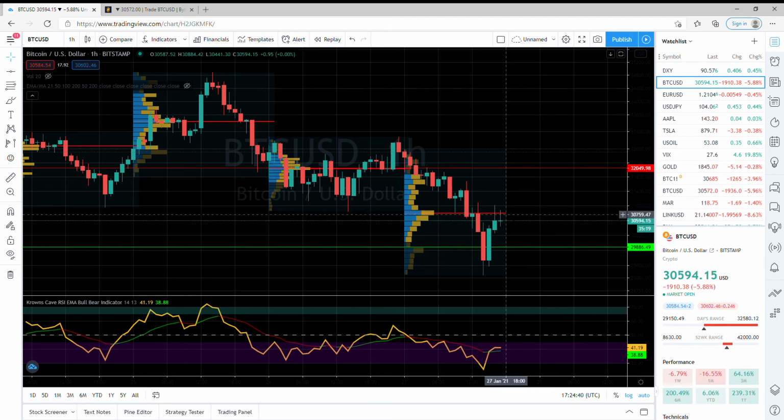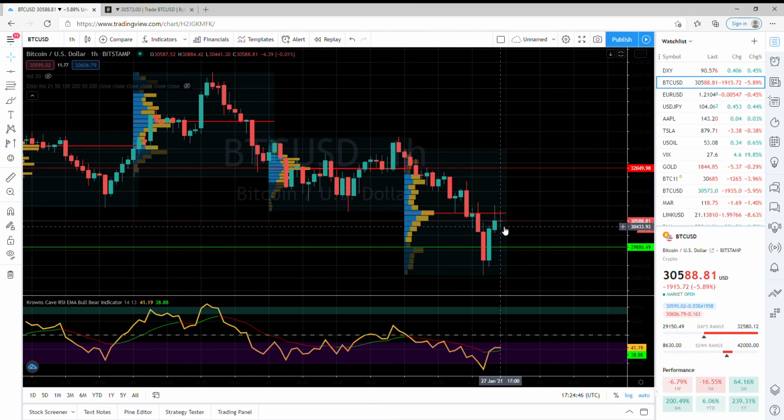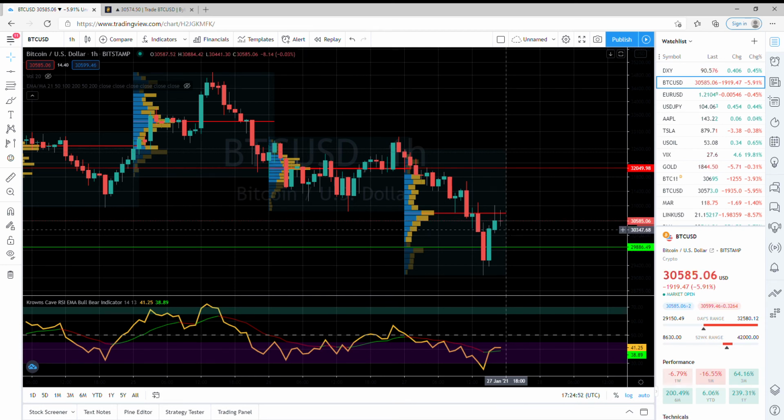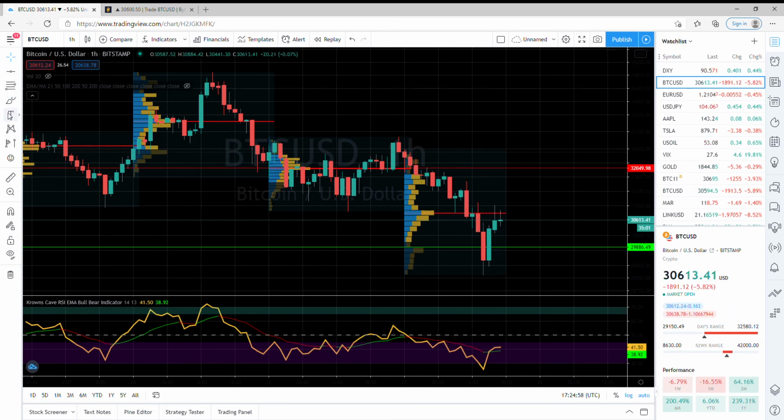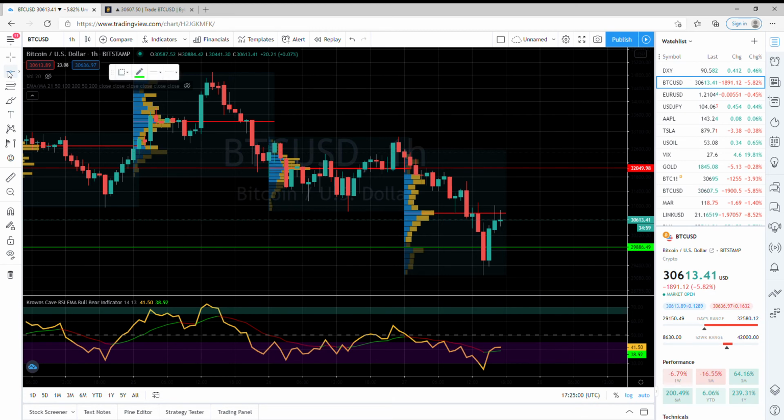Being in profit at the moment, I immediately moved my stop loss, and when this candle was formed like 30 minutes ago, I moved my stop loss to this level, which is higher than my entry level. So from this region, I can walk away with a profit.